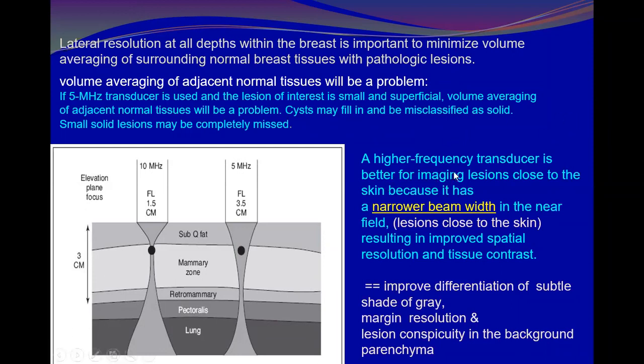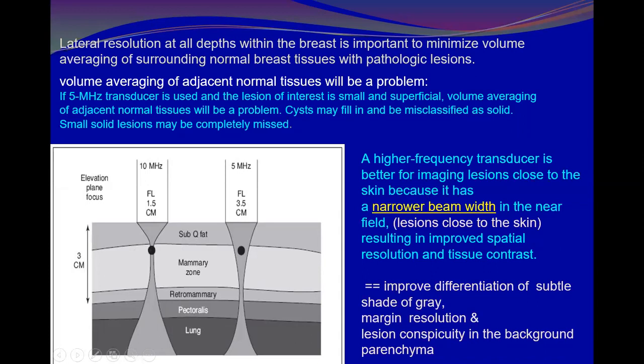So yes, with a higher frequency transducer, that is why the higher frequency transducer is better for imaging lesions closer to the skin, because the narrow zone or the narrower beam width will be closer to the skin.